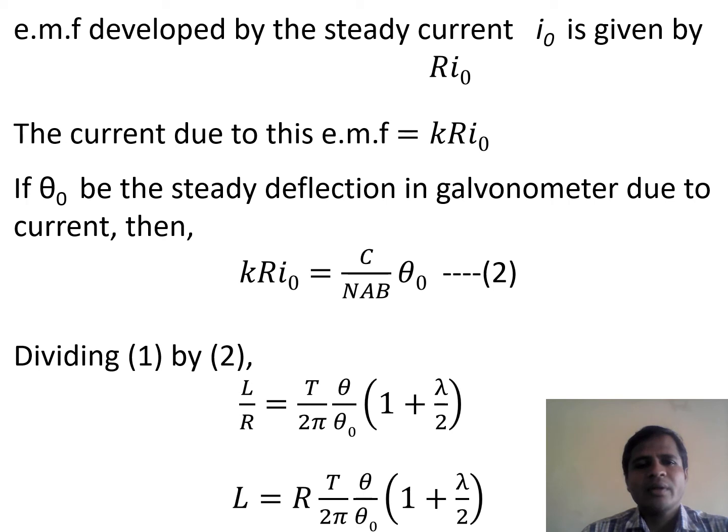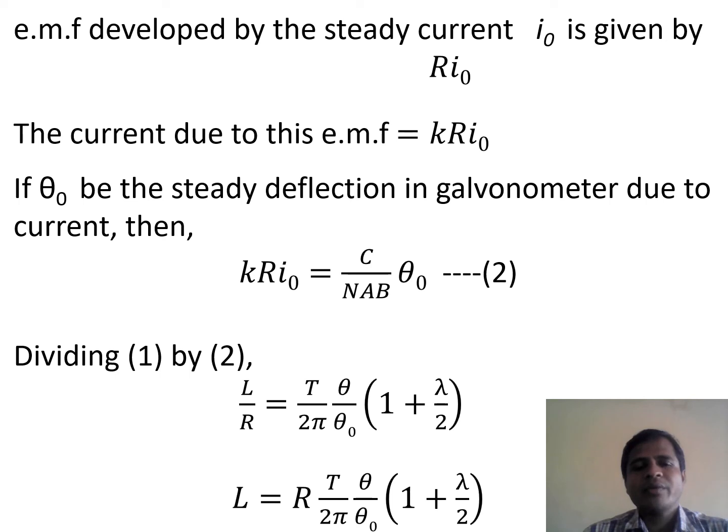And if theta naught be the steady deflection in the galvanometer due to the current, then K into R into I naught is equal to C upon N into A into B into theta naught. Let this equation be 2.